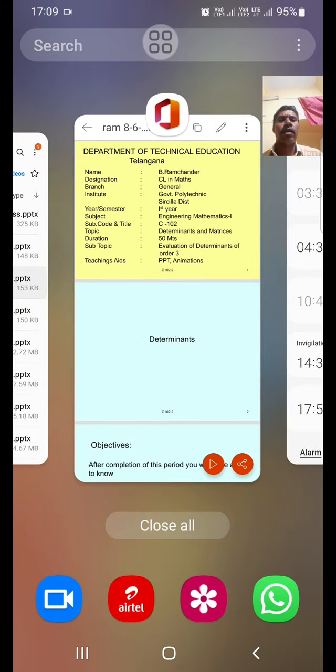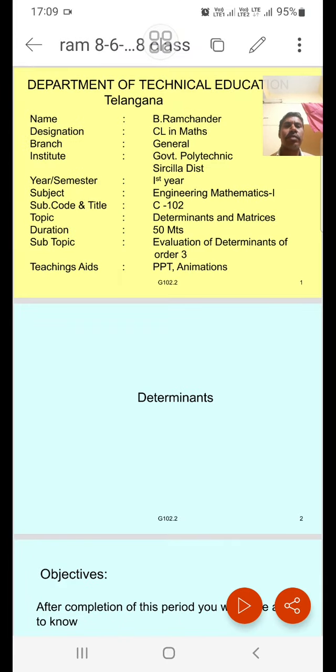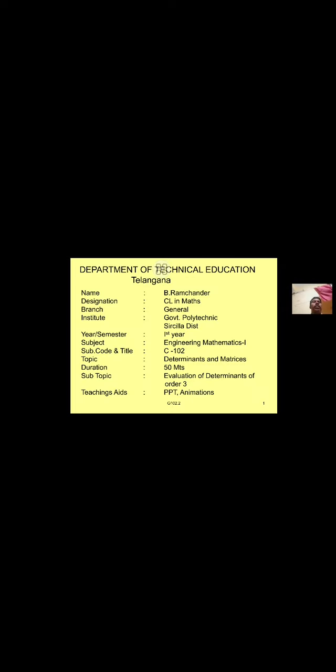Today we will learn the determinant of a matrix, especially third order. In the previous class, we discussed the determinant of a matrix of second order and third order.